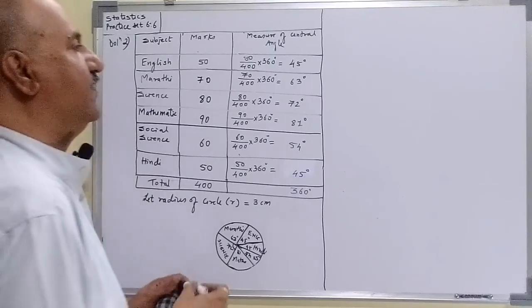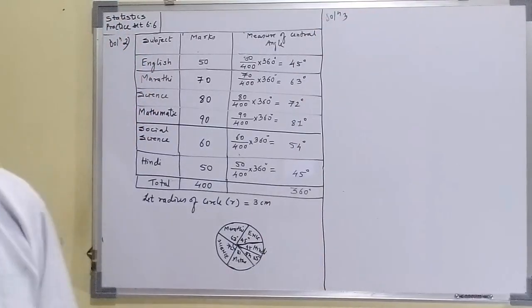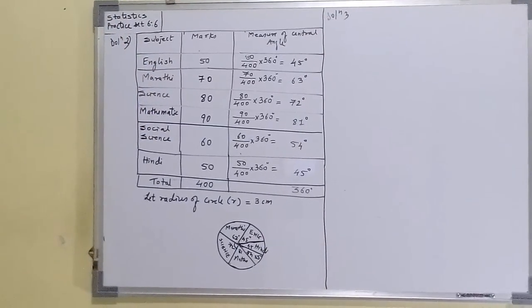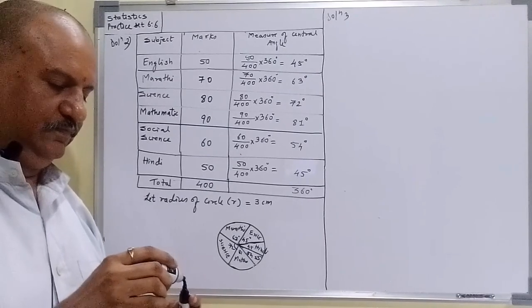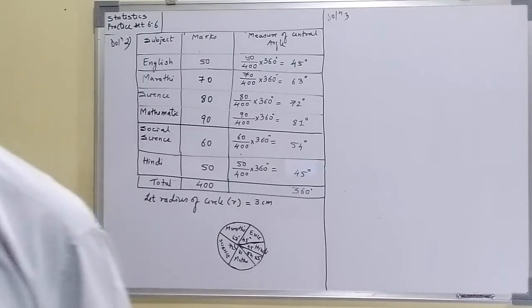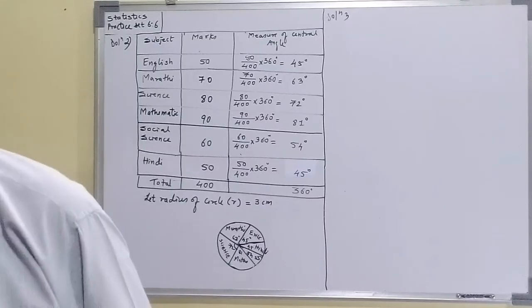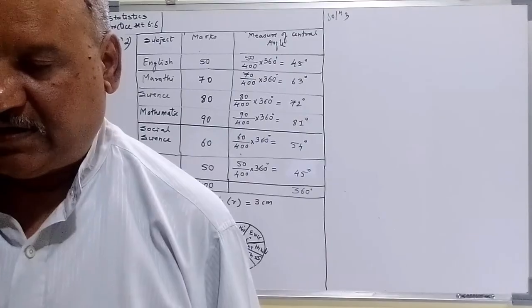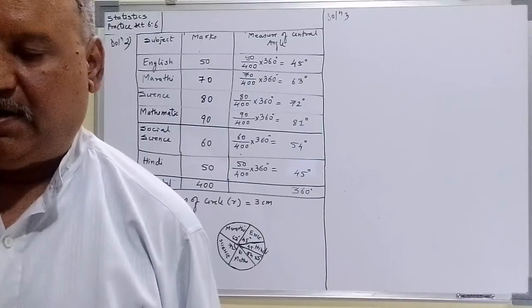Now let's come to question number 3, solution 3. There is space, so we utilize that. Here in question number 3 they have given the tree plantation program: the number of trees planted by students of different classes is given in the following table. Draw a pie diagram.